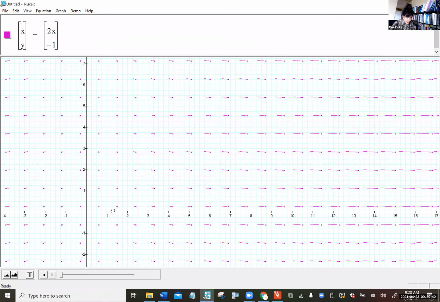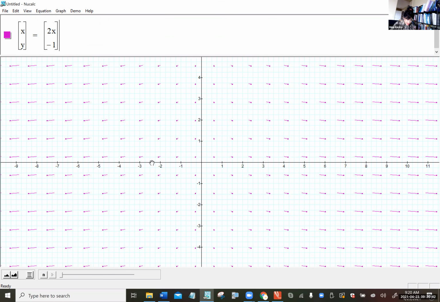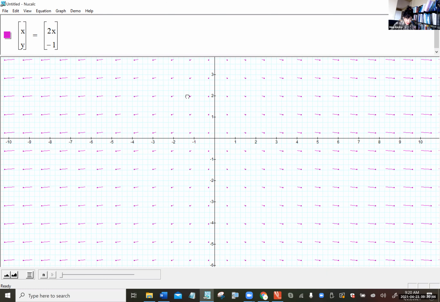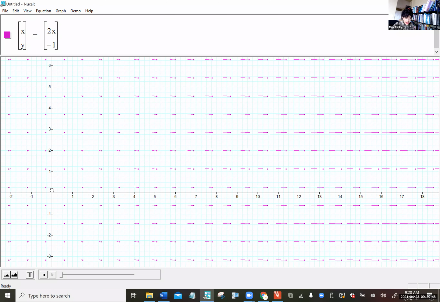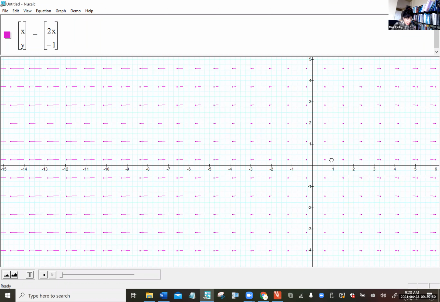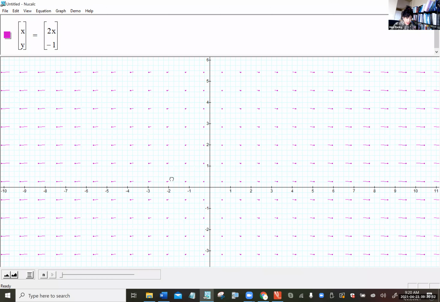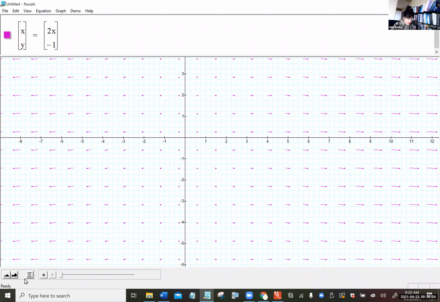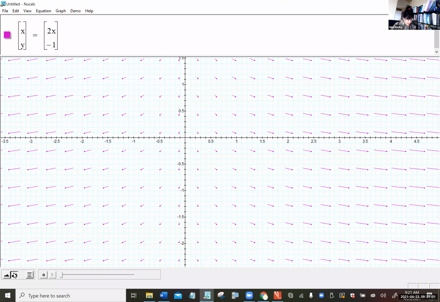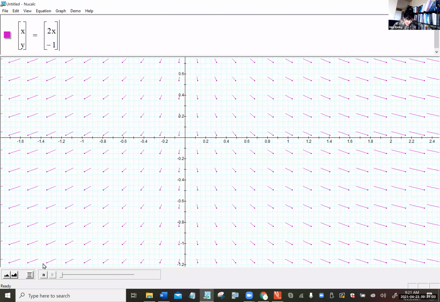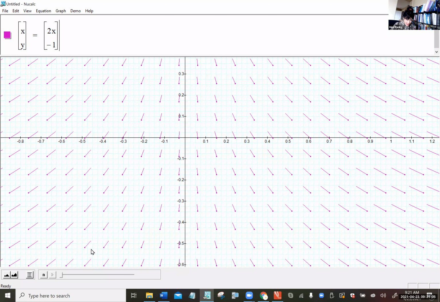Okay, so check out this vector field. It's kind of hard to see, but you can see sort of the flow of it. As you get out here, the vectors get larger and larger as you get further away from the origin. So there's a nice look. If I zoom in a little bit, okay.